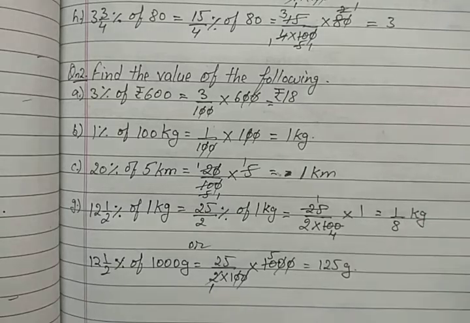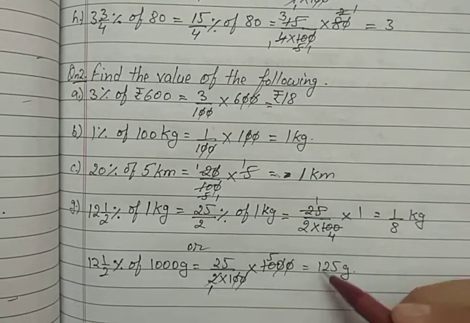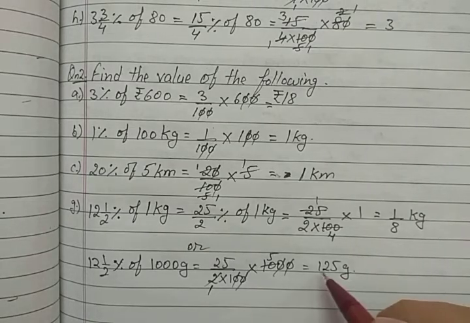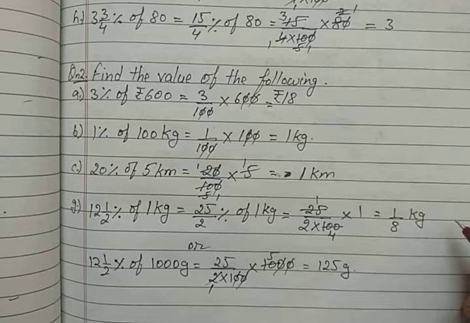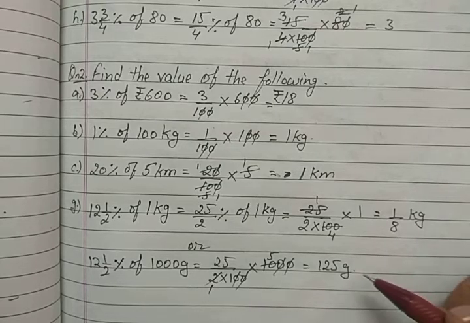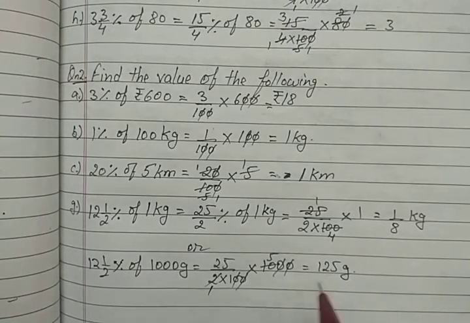If solved in kilograms, the answer comes in decimals, and if we solve in grams, it becomes 125 grams, which is 0.125 kilograms. So I think it is easier and more convenient to convert this 1 kilogram into grams to find the answer.